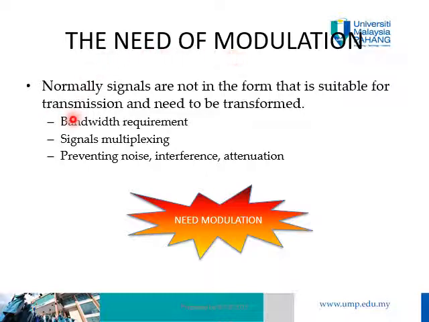Modulation is also needed because it has to do with bandwidth requirement, and also signal multiplexing, and also we need to prevent noise, interference, attenuation, and so on, from disturbing the signal or the information. So these are among the reasons why we need to modulate the signal.